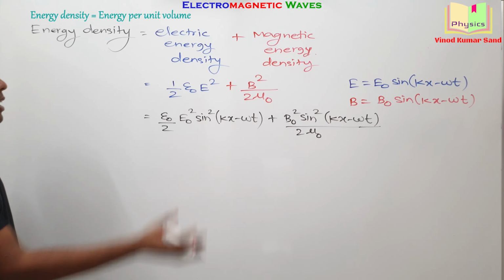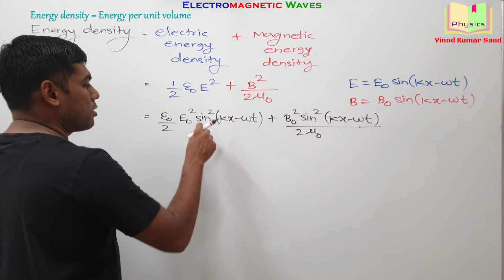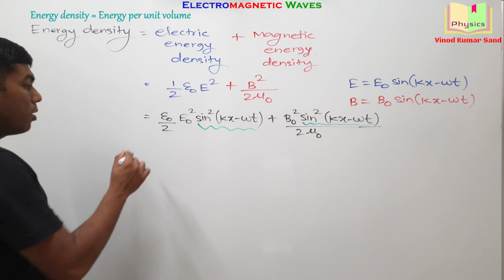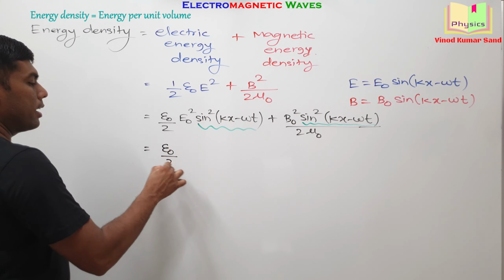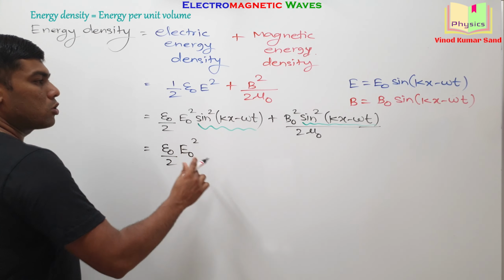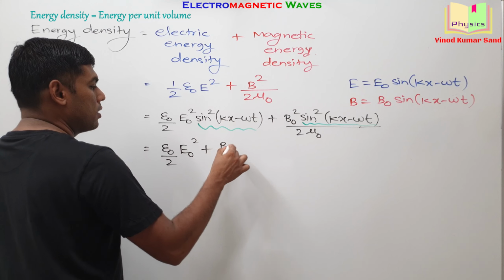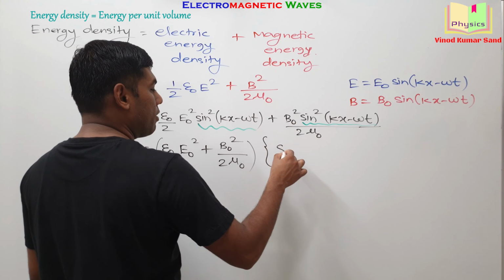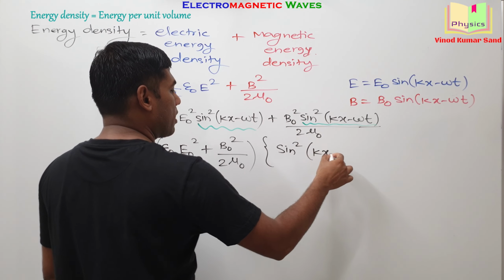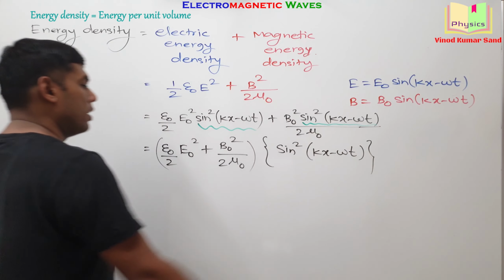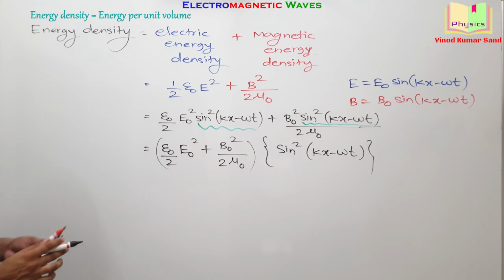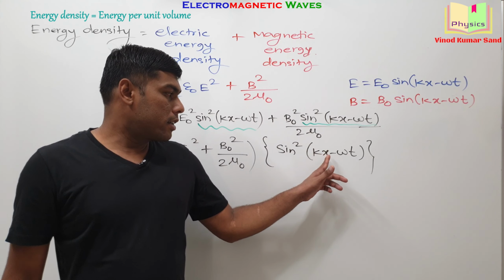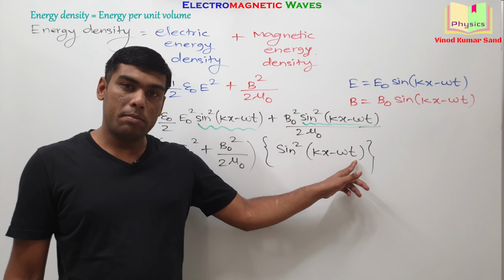Do you agree? This sine square kx minus omega t is present in both terms, so it can be taken common. The expression will look like epsilon naught by 2 E naught square plus B naught square by 2 mu naught, and here we are left with sine square kx minus omega t. Okay. This is the expression for the energy density at any x and at any time t.